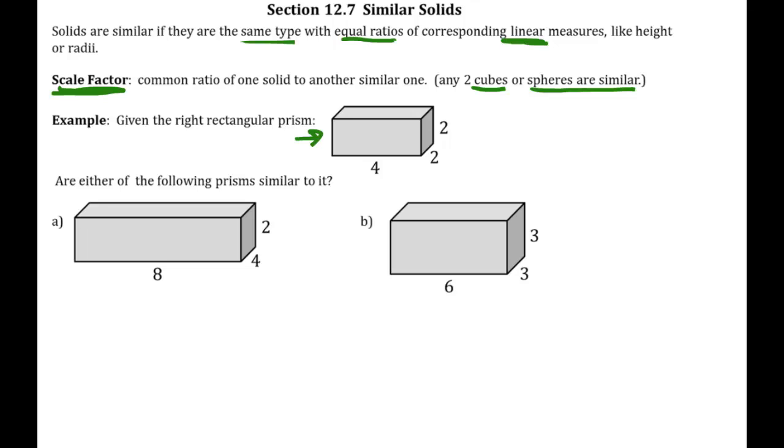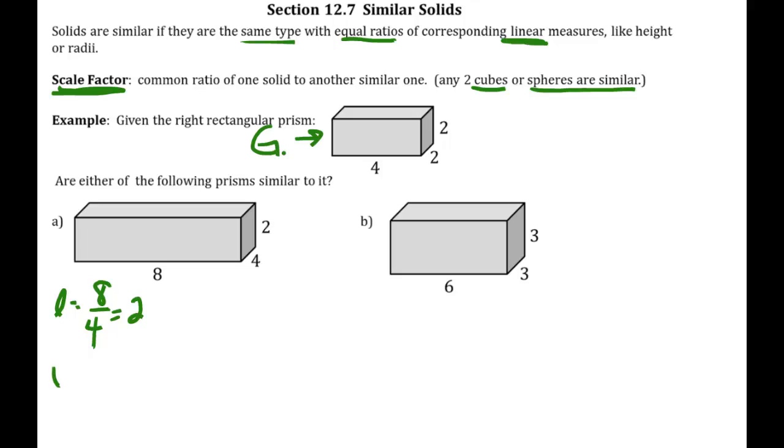The way we check is to compare the ratios of the corresponding lengths, linear measures. So let's compare lengths. The length of A is 8, and the length of the given, we'll just give this a G for given, is 4. That reduces to 2 over 1.